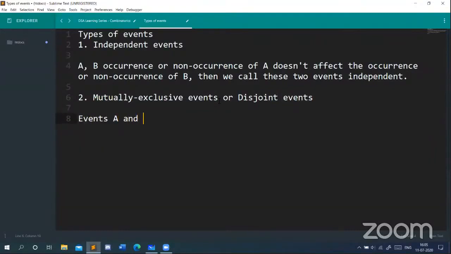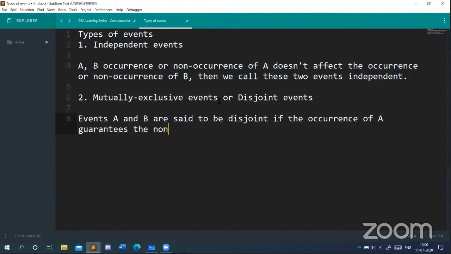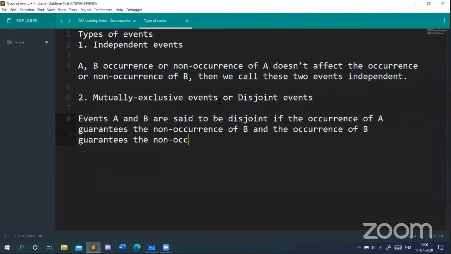Events A and B are said to be disjoint if the occurrence of A guarantees the non-occurrence of B, and the occurrence of B guarantees the non-occurrence of A.